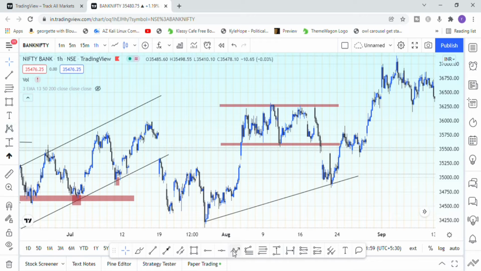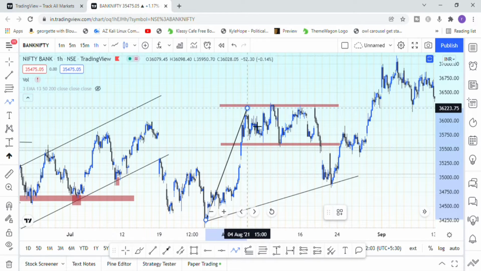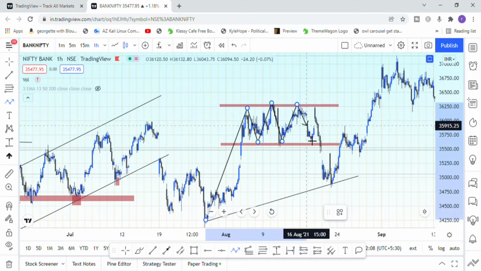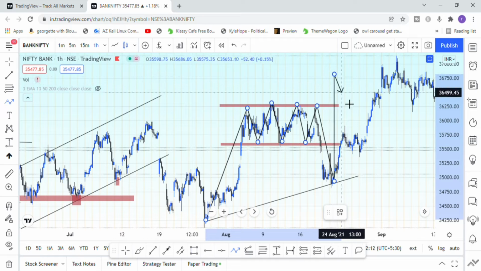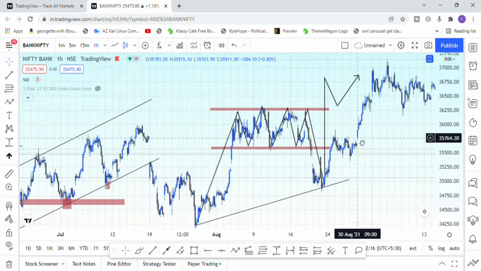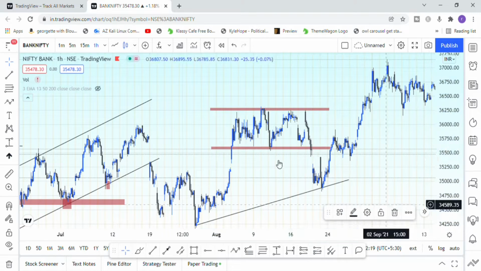Why did it happen? Because the market traveled about 2000 points from here to here. So the market has to consolidate first, then break out, break down or retest, and the market again continues the rally upside or downside.